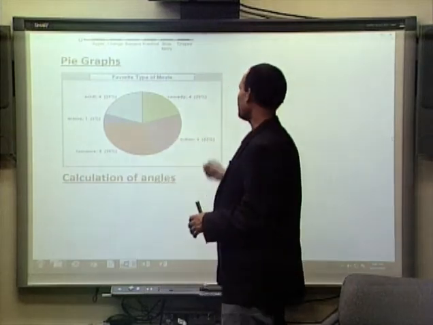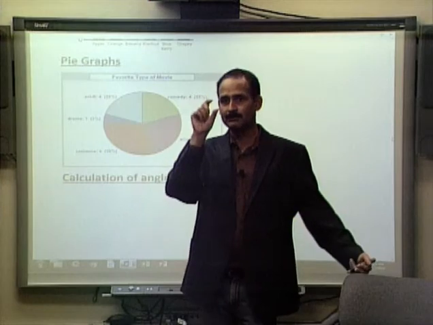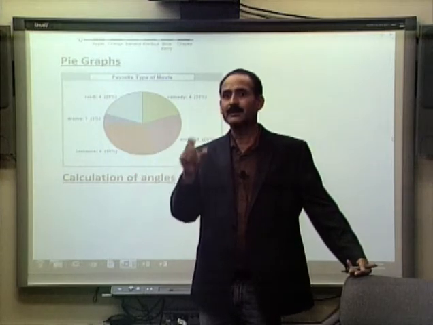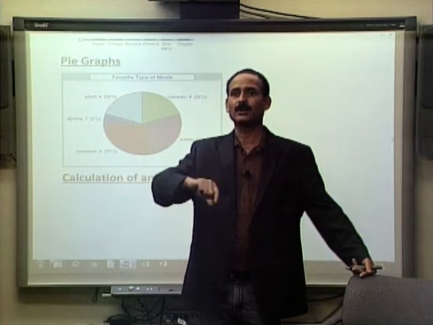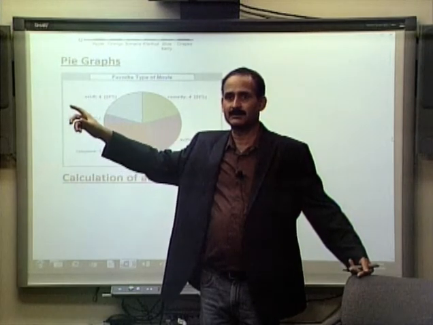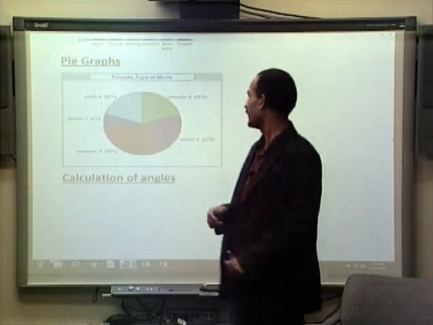That means we will have a circle, and that circle should be divided in such a way that the parts of the circle represent various types of observation in our data.